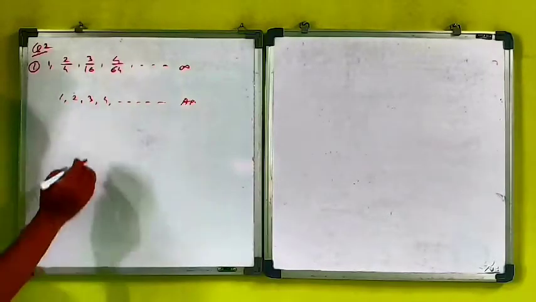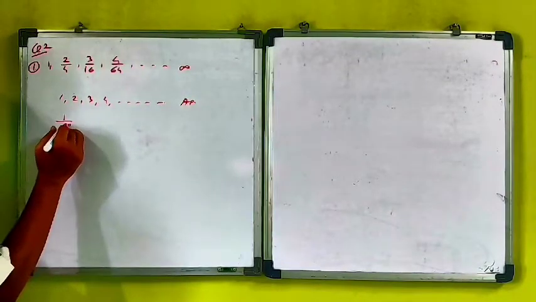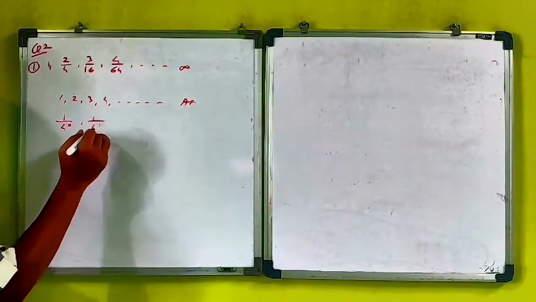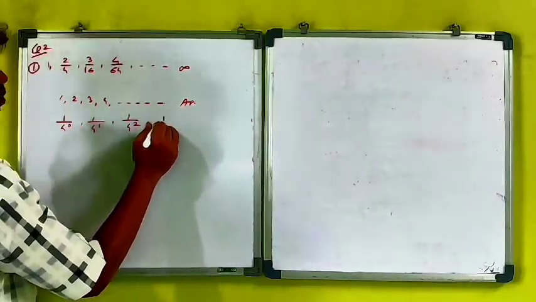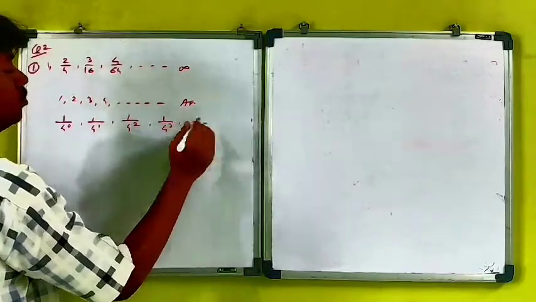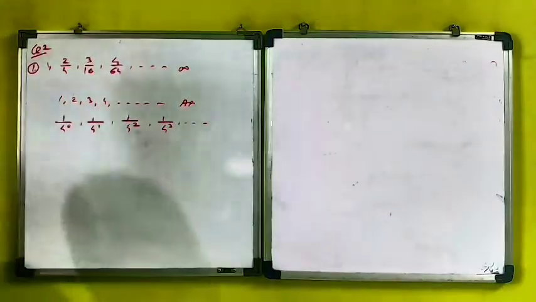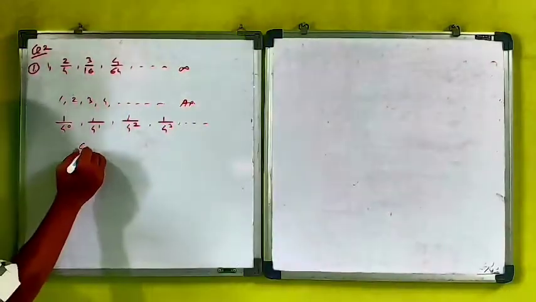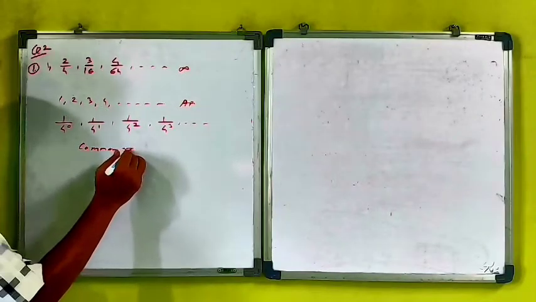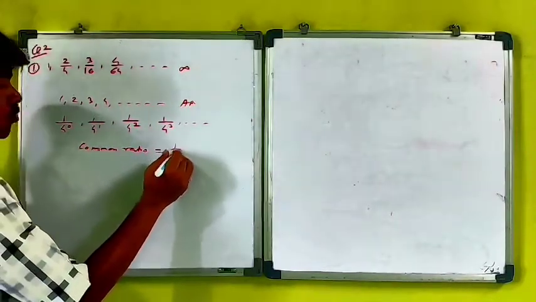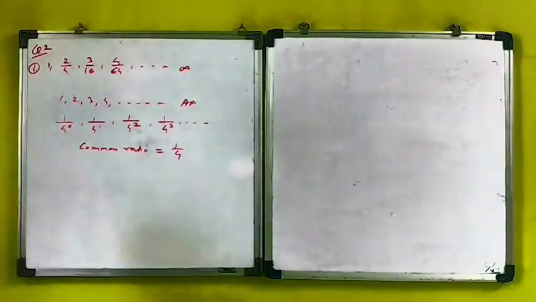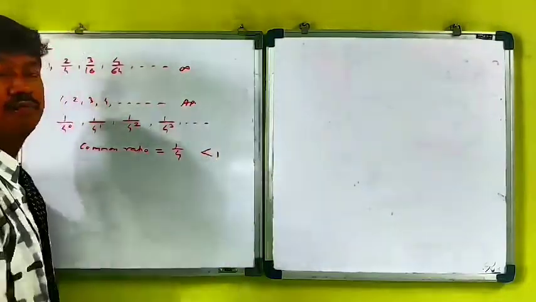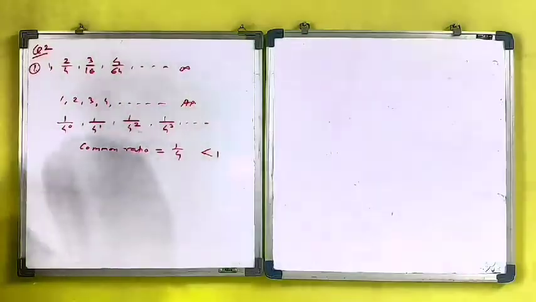The second term is 1 upon 4 raised to 1, the next term is 1 upon 4 cube, and so on. So the common ratio is 1 upon 4, which is less than 1, therefore the sum of the infinite series is possible.